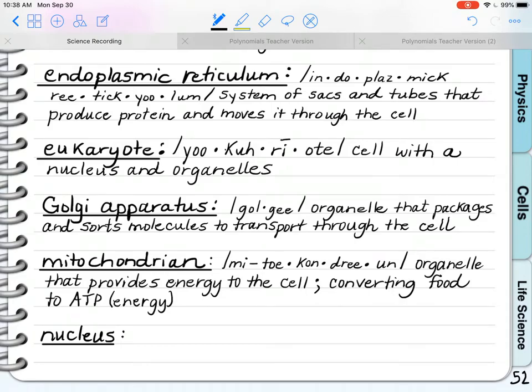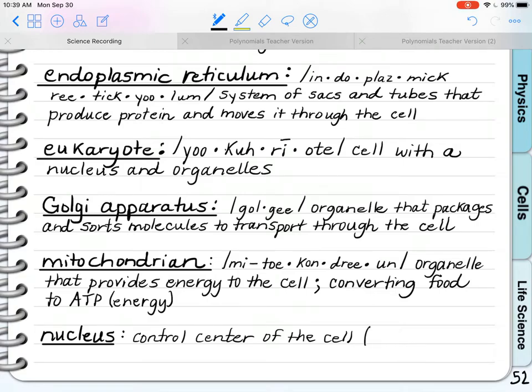Okay, the nucleus. This is probably the one that most people think of. If you say name a part of a cell, they're probably going to think of the nucleus. The nucleus is like the cell's brain. It is the control center of the cell. And I shouldn't say any cell, because remember, it's not just every cell that has a nucleus.